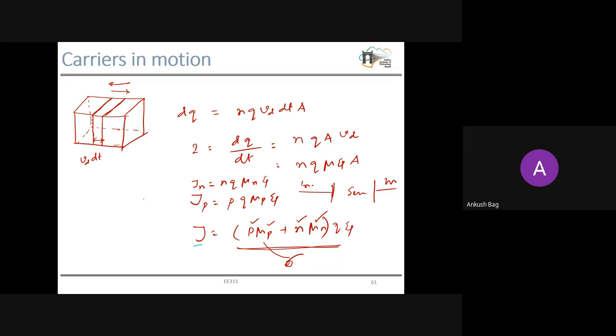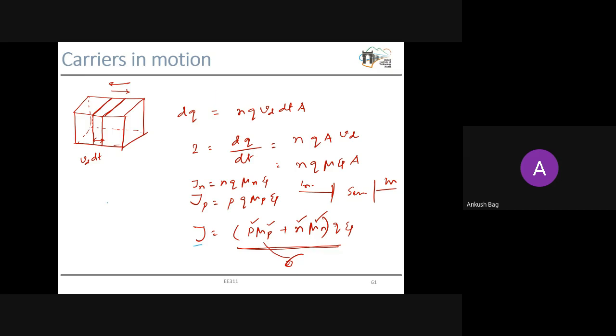Similarly, today we'll see what phenomena and facts essentially decide V_D or V_th, that means the thermal velocity as well as the drift velocity. That we'll see in detail.